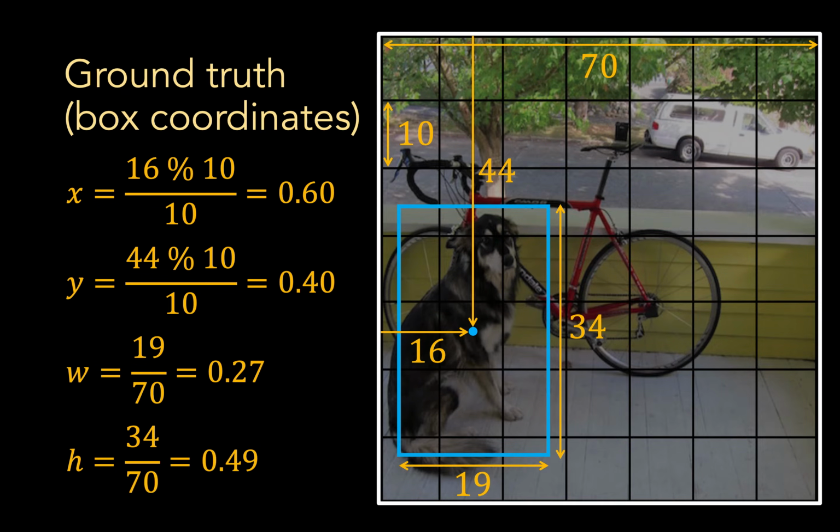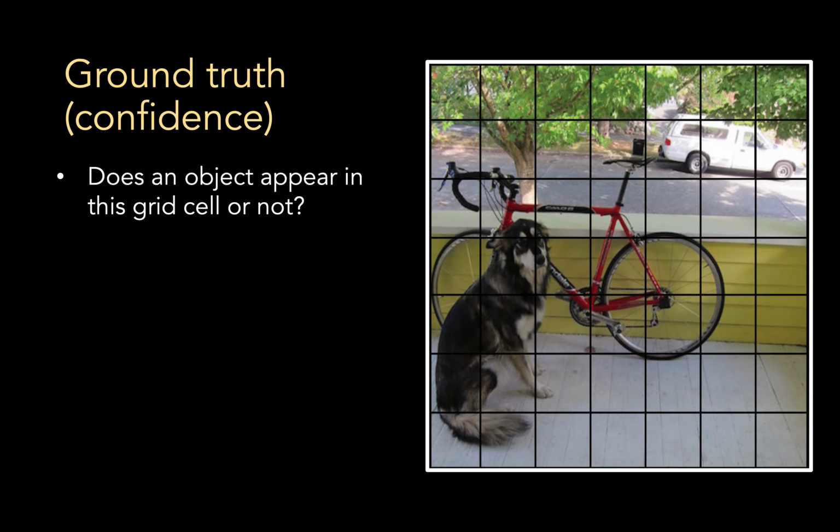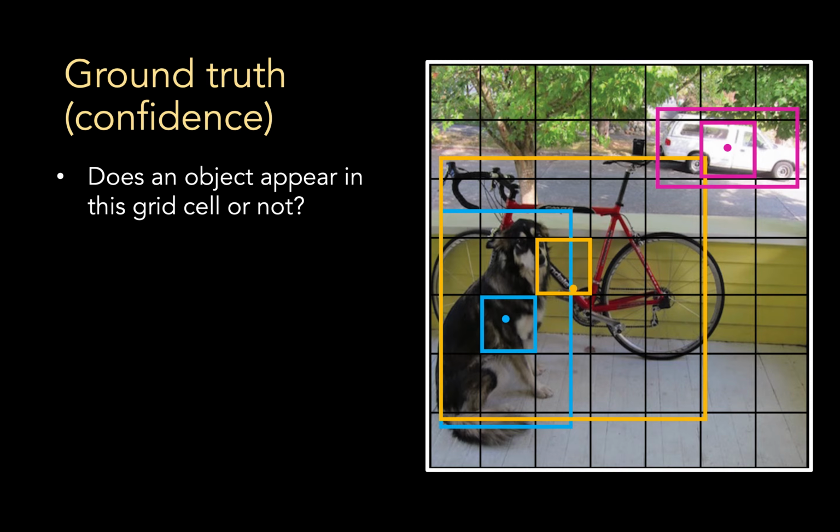Well, so what about the confidence? Essentially with confidence, the question we're asking is, does an object appear in the grid cell or not? And confidence is the score attached to the positive answer of that question. So let's say that we have these ground truth bounding boxes with these center points and these grid cells responsible.